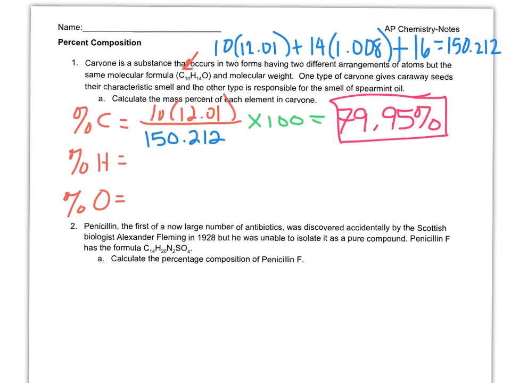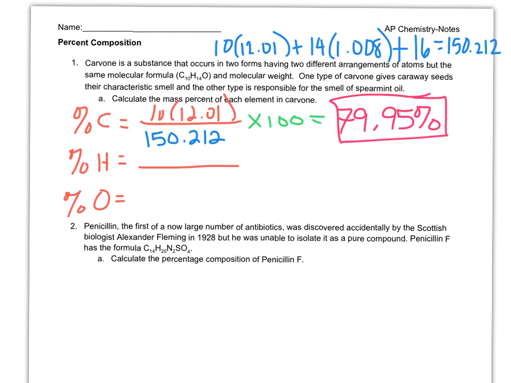So for my part, I'm going to look again inside of the compound. Looking inside the compound, I see that there are 14 hydrogens.